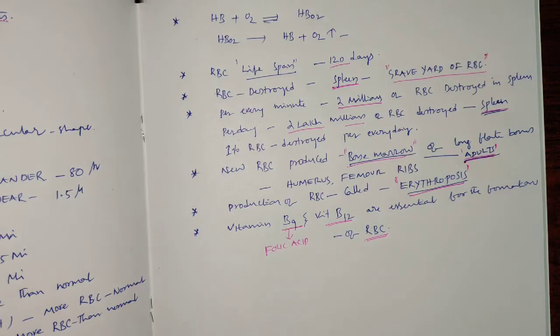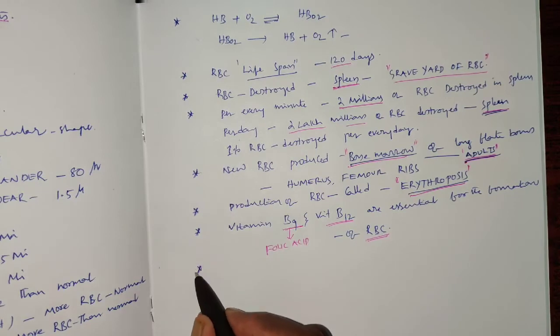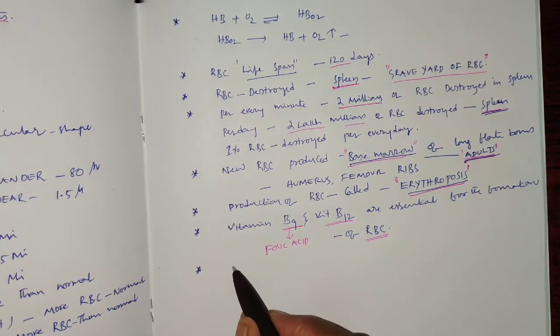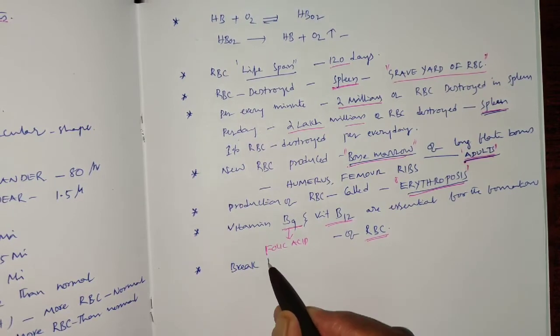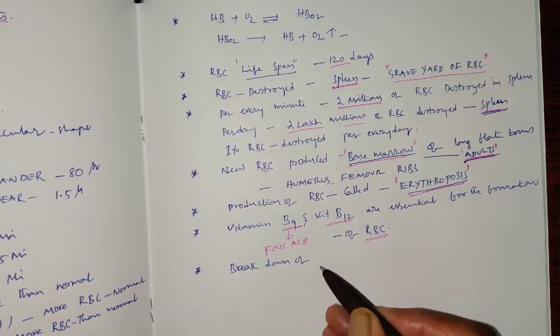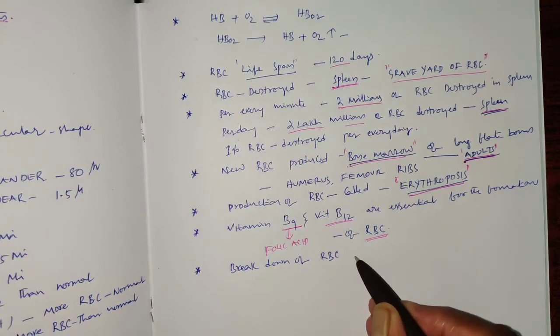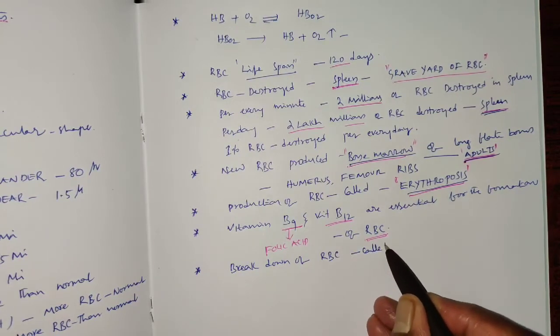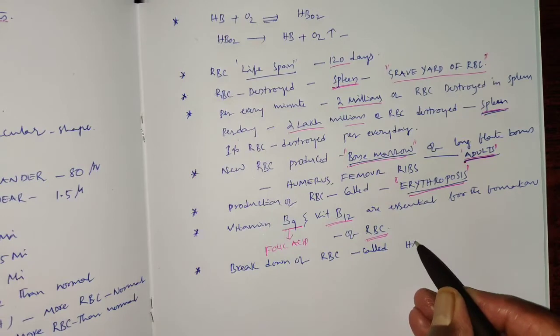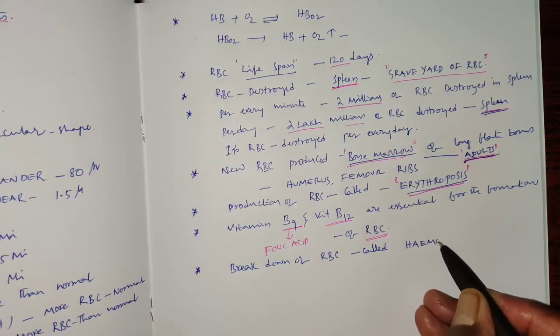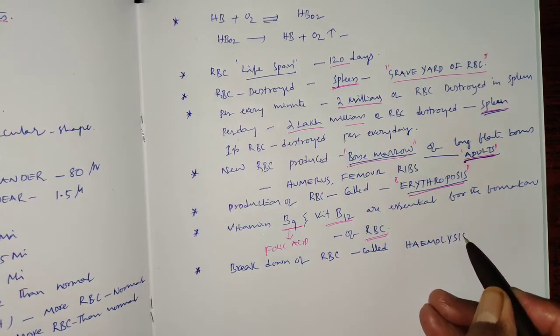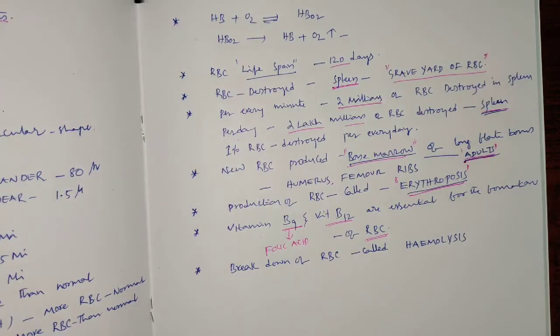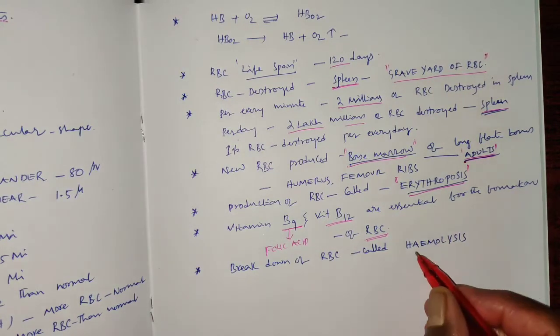After the lifespan is finished, they break down. The breakdown of RBC is called hemolysis.